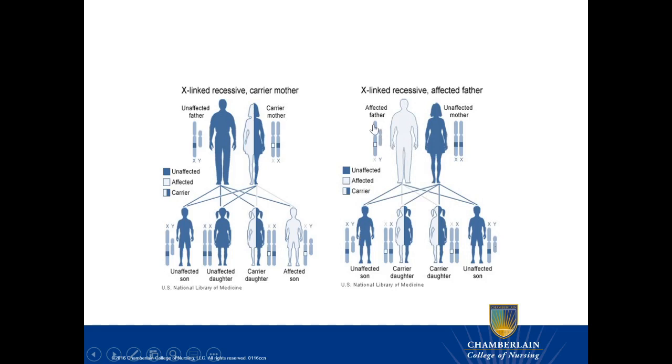But he can only give abnormal X. And that means that all of his daughters will be carriers. Does that make sense? So women are always carriers. Men have the disease.